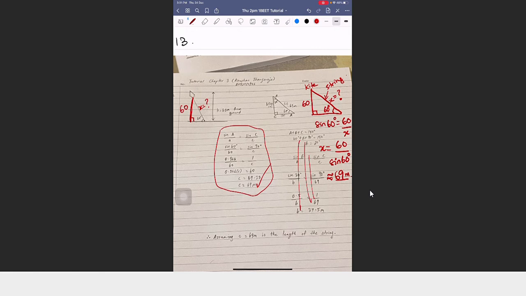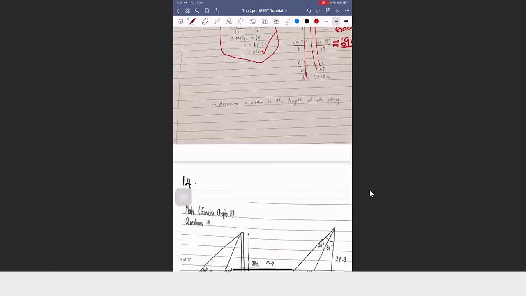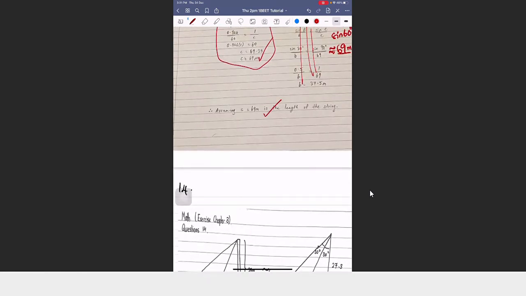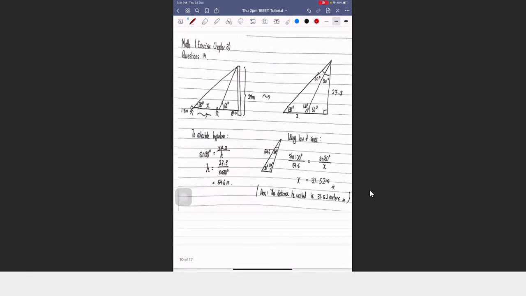Let's move on. Next is question 14. You have a 1.7 meter tall boy standing at some distance from a 29-meter tall building.